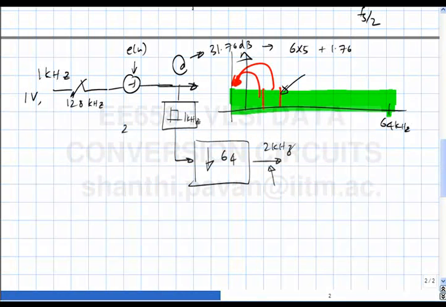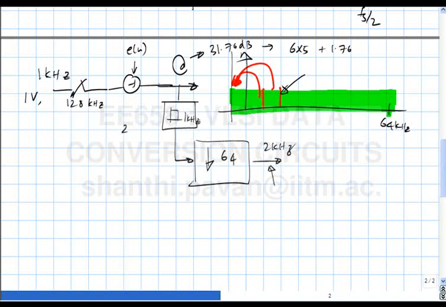The SNR will increase. The signal power will remain the same, the noise power will reduce by a factor of 64, correct? So my signal to noise ratio will increase by that factor of 64, or 10 log 64 dB. Does this make sense?